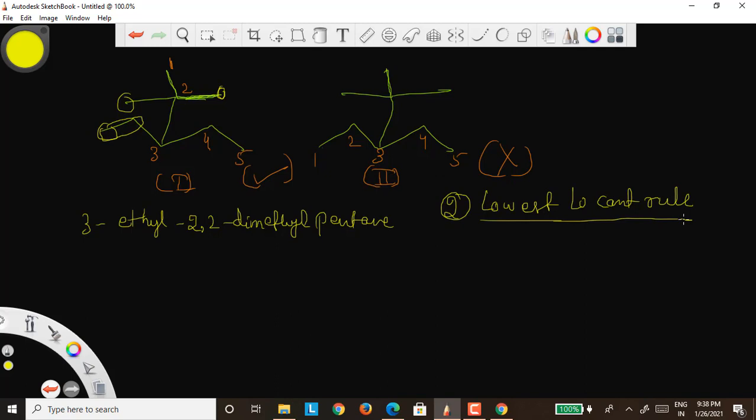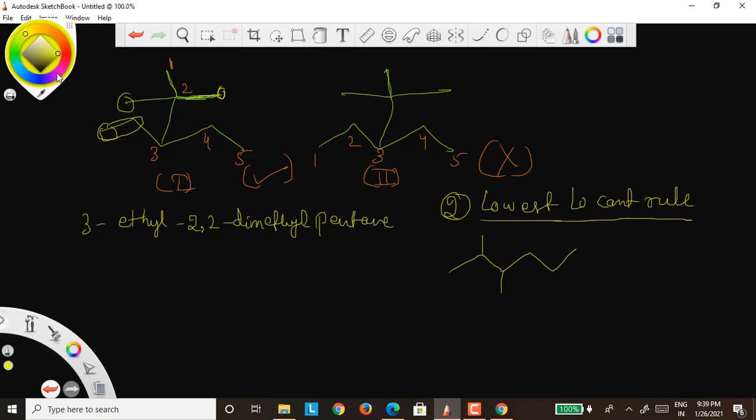So suppose you have a structure like this. You can give the numbering of carbon from left to right or right to left.